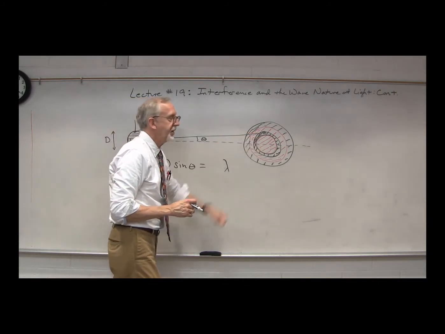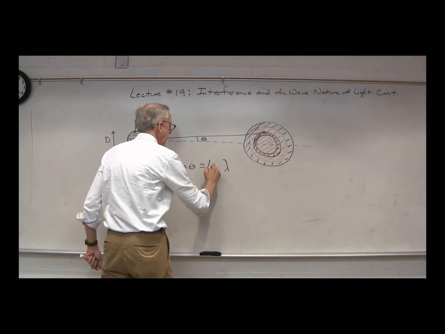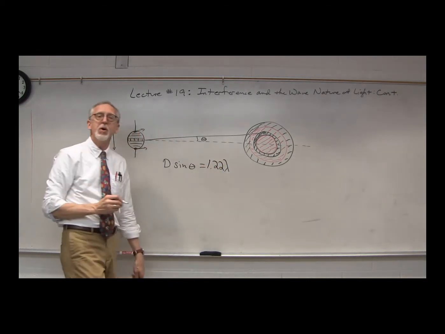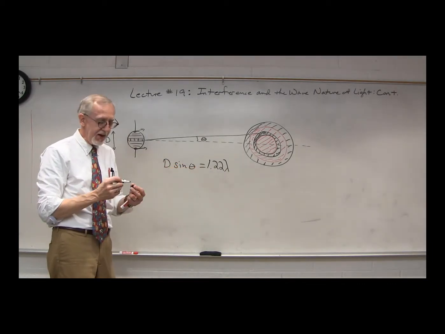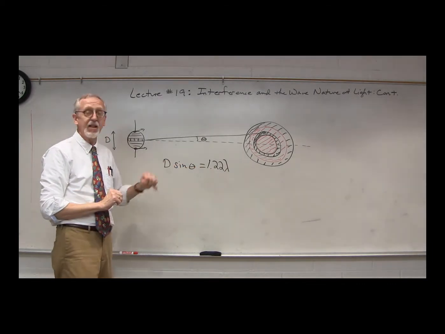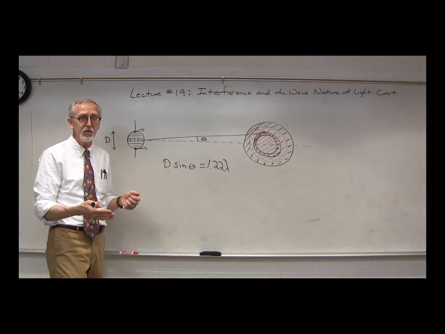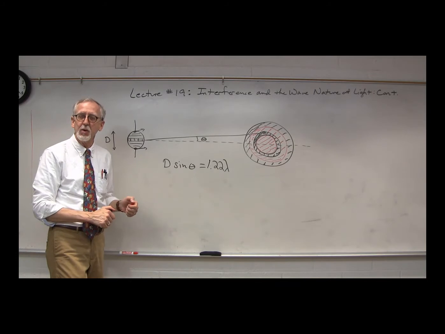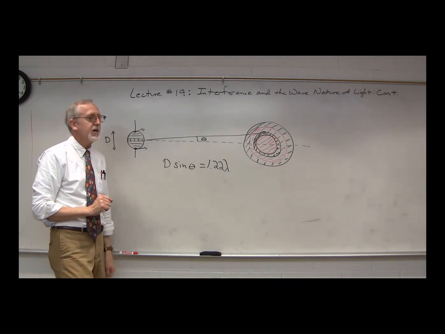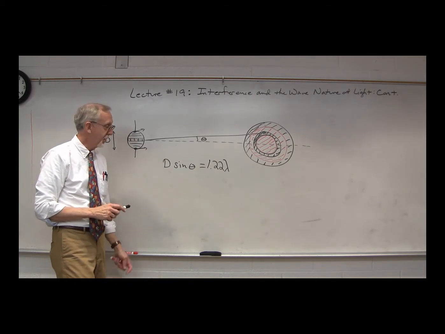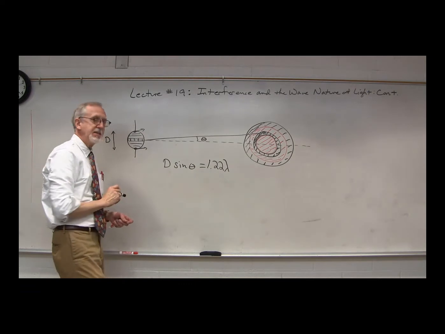That first dark fringe is not when this quantity is 1, but it's actually 1.22. I'm not going to go through that analysis. It's gone through in some textbooks, typically not our 11-12 textbook, but maybe something like a 22-12 textbook, but I'll just leave it at that. It's d sine theta equals 1.22 lambda, or sine theta is 1.22 lambda divided by d.